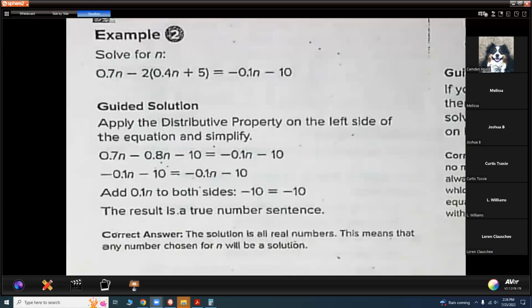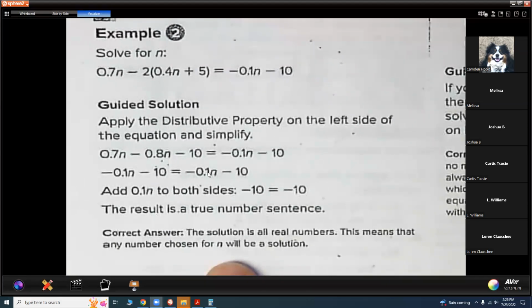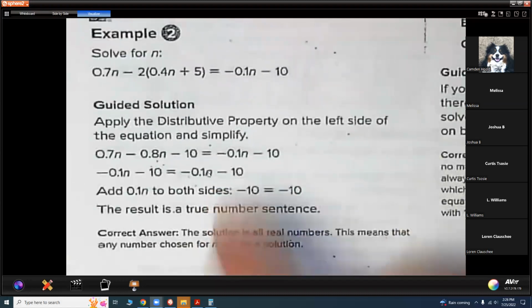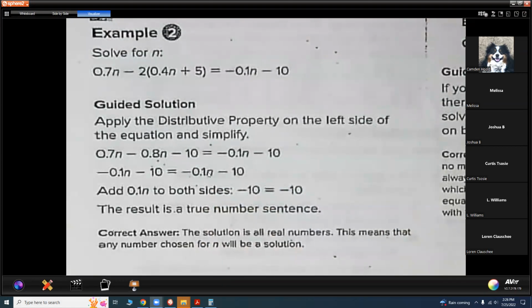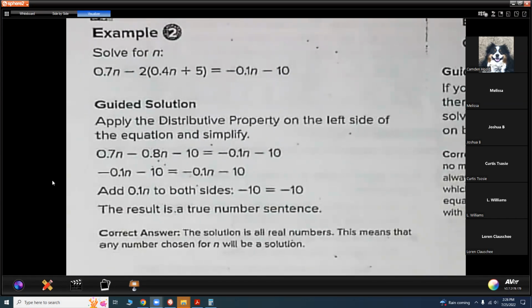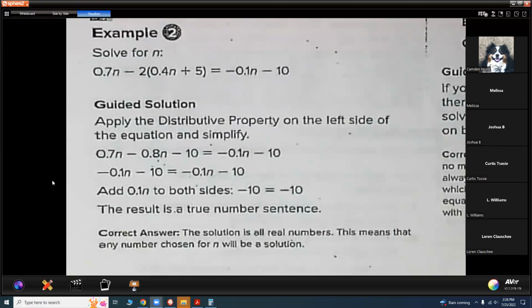So the answer to this question is that n can be any number and it will basically work out. How does example 2 seem? Okay.